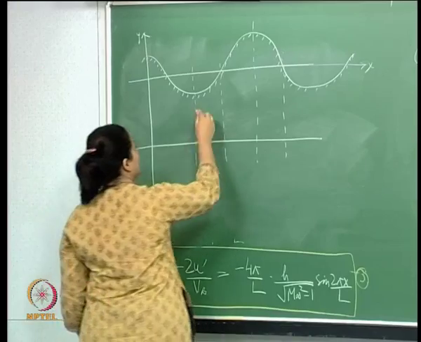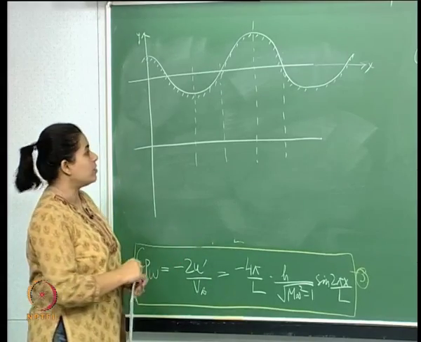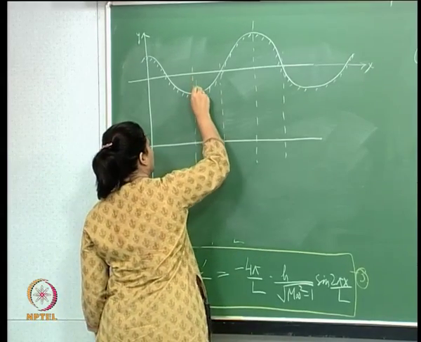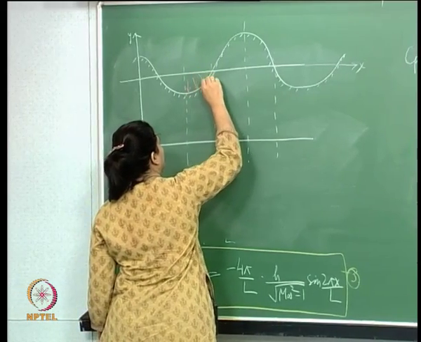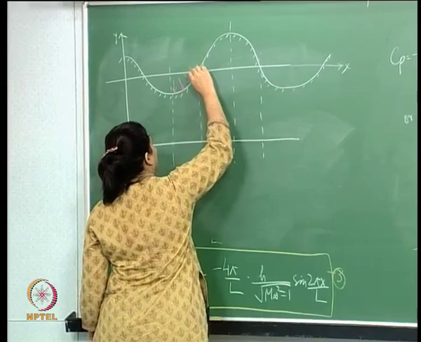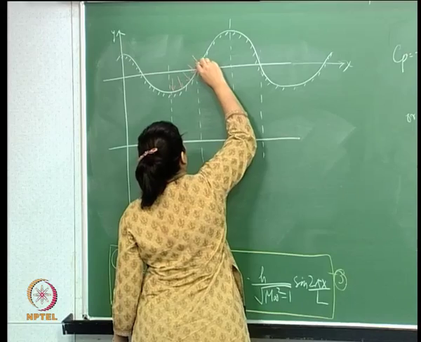Now this is a region where theta is positive. So I have a positive Cp.